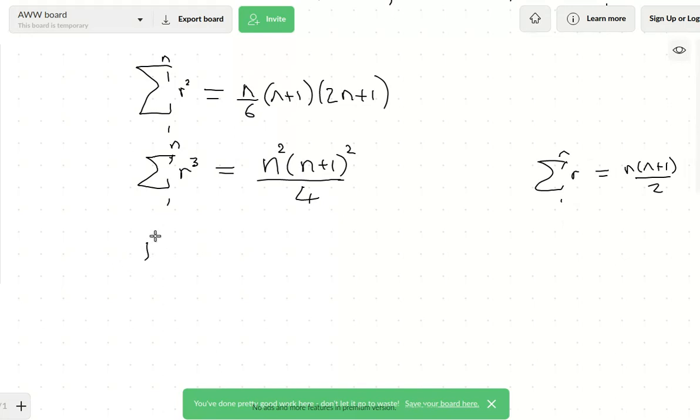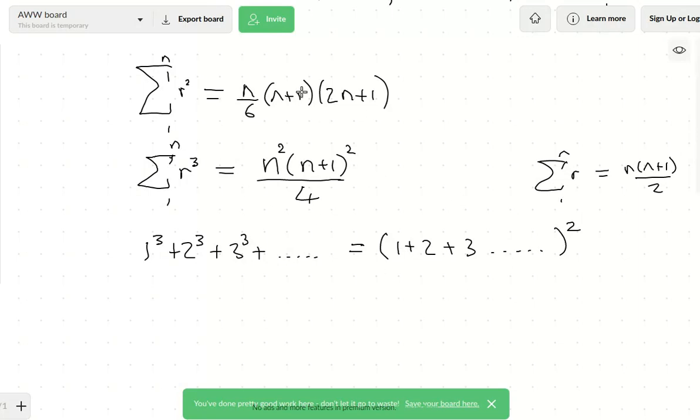Look at this. 1 cubed plus 2 cubed plus 3 cubed plus dot dot dot is exactly the same as 1 plus 2 plus 3 dot dot dot squared. Wow, mind blown. That's a really interesting fact. It always tickles me to see that that is true.